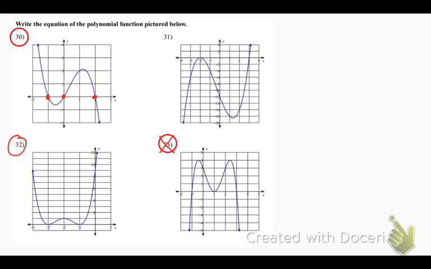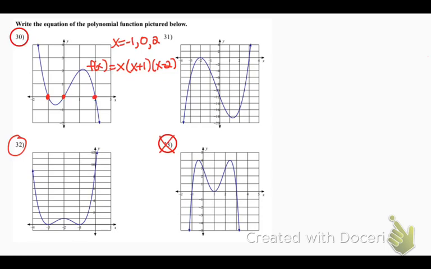So that's at x equals negative 1, at 0, and at positive 2. So the way I write this is x equals negative 1 becomes x plus 1. X equals 0 becomes just an x, and x equals positive 2 becomes x minus 2. I'm going to say equals f of x, so that'll be my answer.